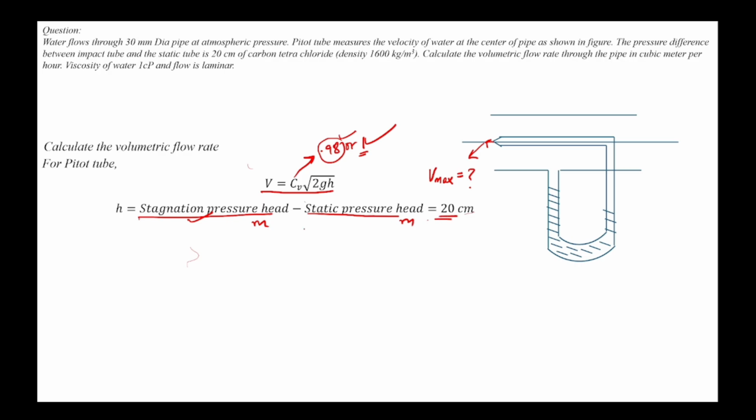This formula can be written as V is equal to Cv root 2 del P by rho, where del P will be 1600 into g into 0.2, because it is saying 20 centimeter of carbon tetrachloride. So this will be the del P, and this density will be the density of the flowing fluid, that is water. Both formulas will give the same answer.